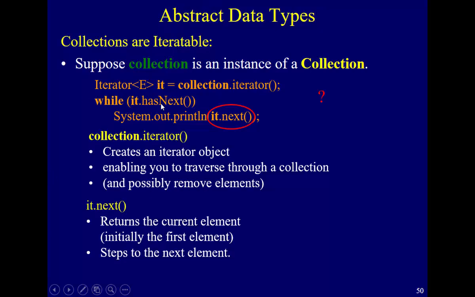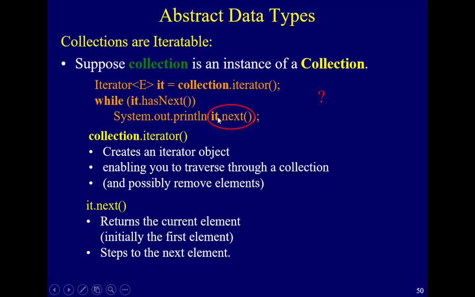I'm going to assume that when you first create it, it's automatically pointing at the first one. So what this code is saying is, as long as there is another object, move to it and print it.